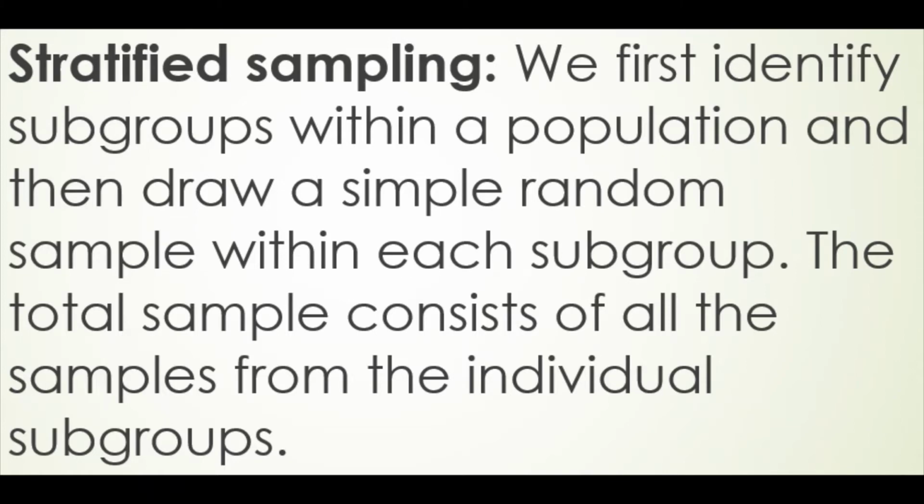For example, if we want an opinion of the whole school, maybe we want to make sure that we have equal numbers of freshmen, sophomores, juniors, and seniors. So maybe we select a random sample of freshmen, a random sample of sophomores, a random sample of juniors, and a random sample of seniors. And then our whole sample is going to be all of those people put together.